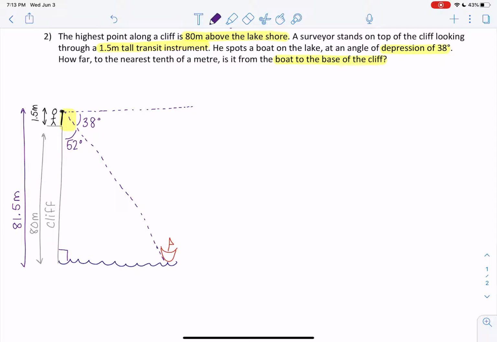So we do have a right angled triangle. And what we're looking for is the distance from the boat to the base of the cliff. So we're looking for this length here. So that's our situation. Sometimes people find it easier if you sketch the triangle separately once you have your diagram. So if you find this a lot easier to look at, that is absolutely okay.